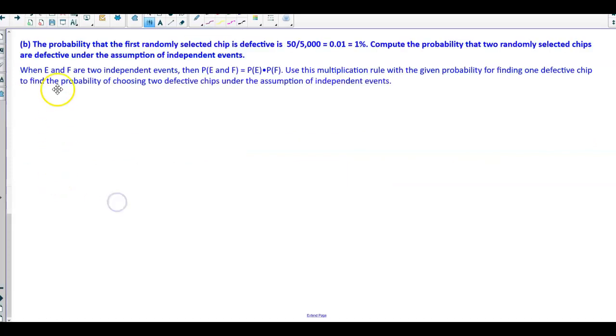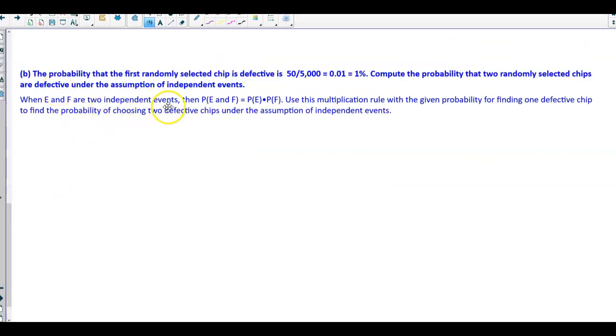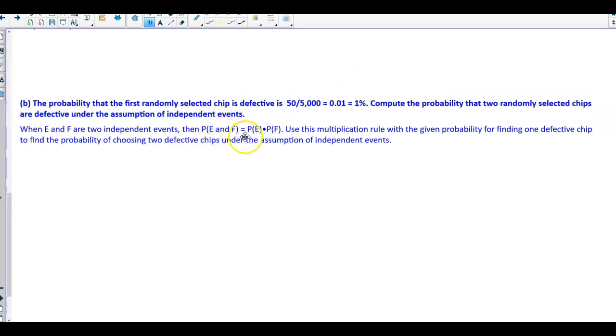Now remember that when E and F are 2 independent events, then the probability of E and F is equal to the probability of E times the probability of F. We're going to use this multiplication rule with the given probability for finding 1 defective chip to find the probability of choosing 2 defective chips under the assumption of independent events.